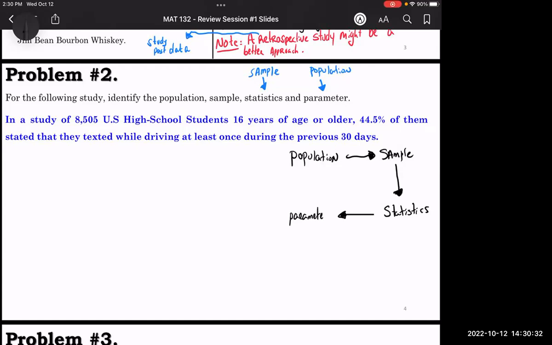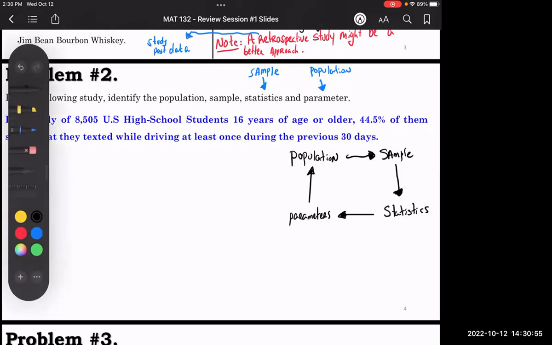And when we get the parameters, we can make conclusions regarding the population. So this little drawing that I have here should be helpful regarding identifying a population, a sample, statistics, and parameter of any statistical study.